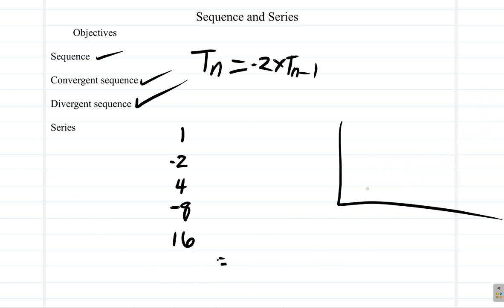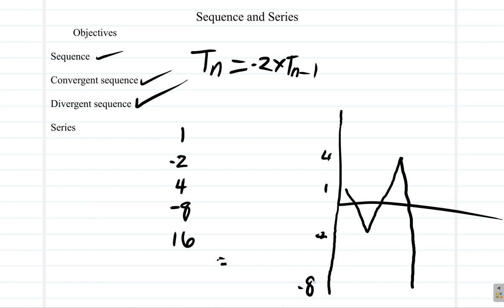So if you should plot the graph of it, you'd start at positive 1. Then you go down to negative 2. And you go up to positive 4. So it would have both positive and negative sides to it. Then it swings back down to negative 8. So negative 2, positive 4, negative 8.